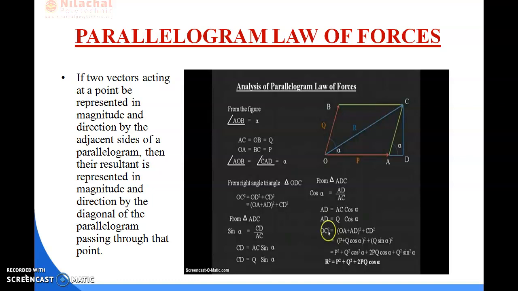Okay, and whenever we take R square, the formula is here, and when we take only the resultant value R, then it will be root over of F1 square plus F2 square plus 2 F1 F2 cos alpha. So what is the formula here?